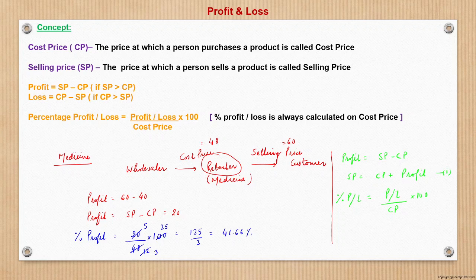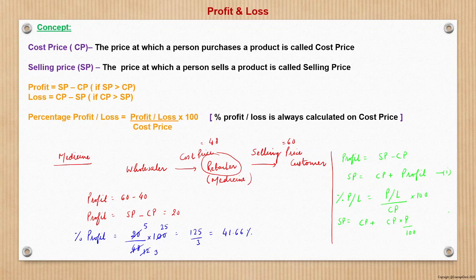So in equation 1 here, if I substitute P, now see what happens. Can I write SP is equal to nothing but CP plus, instead of P, CP into P by 100, right? Where P is in percentage terms.